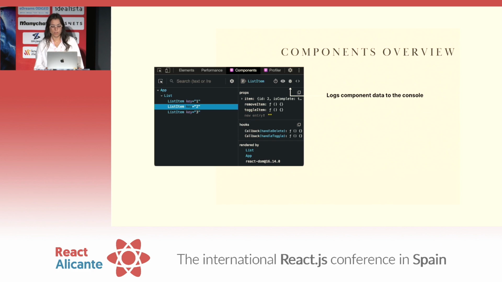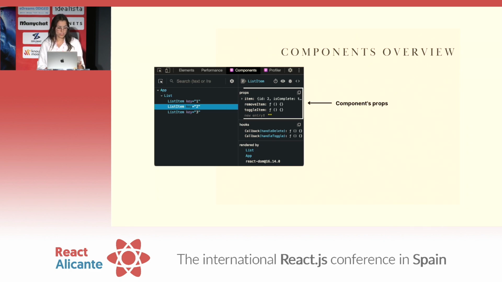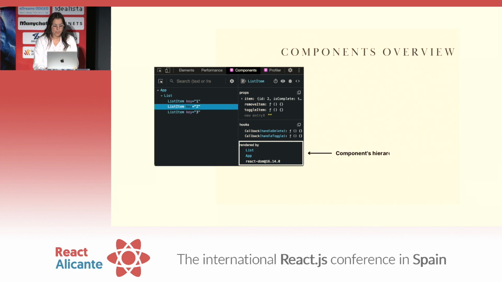The debug button logs all the data about the component to the console. The next one is the source button, and it's used to see the source file for your component. On the left side, when you select a component, you can see its props, hooks, and also the component hierarchy.